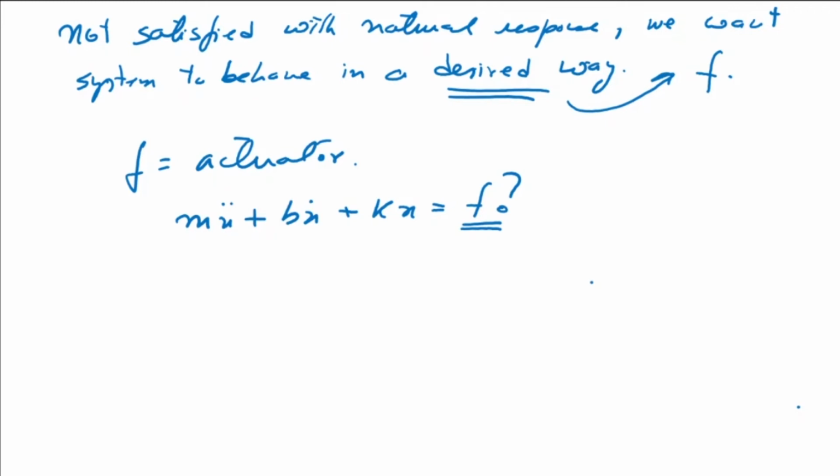Now if we think a little bit about the amount of force applied, from intuition we can guess that the force first of all should be proportional to x. If I want the system to go a long distance and stay there, the force should be proportional to the distance, equal to kp, a constant, times the distance x.